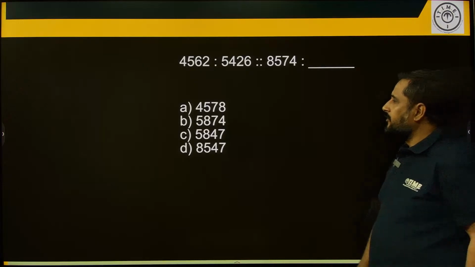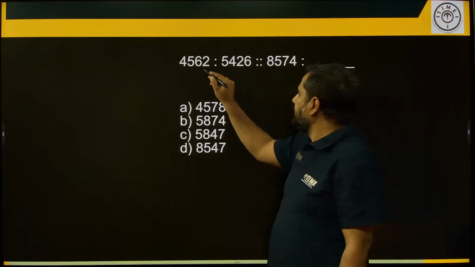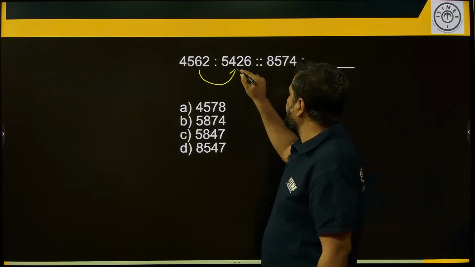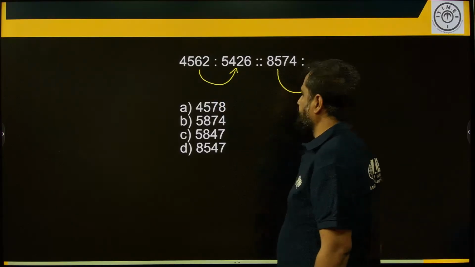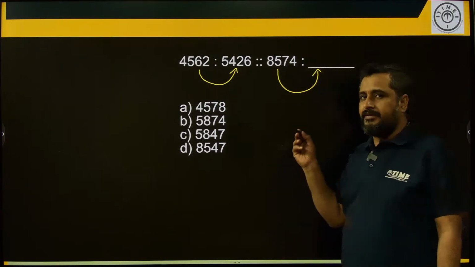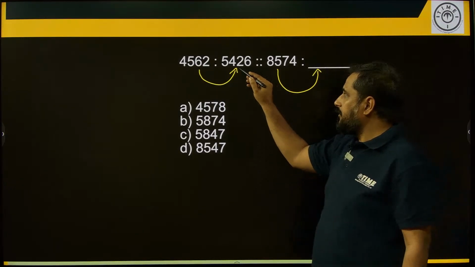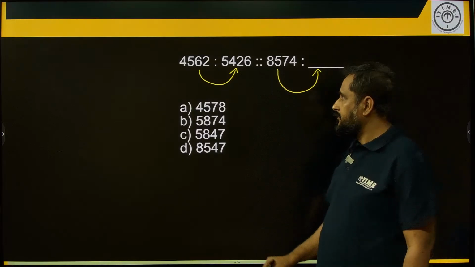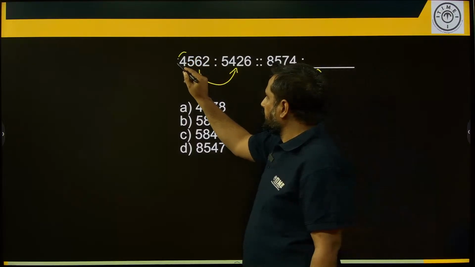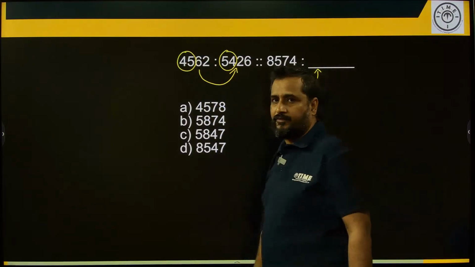Now, let us look at this one. 4562 is related to 5426. 8574 is related to a dash. Now, if you observe the digits properly, in 4562, again I can see the same digits in 5426. So what is happening here? The two digits 45 get interchanged and 45 becomes 54.